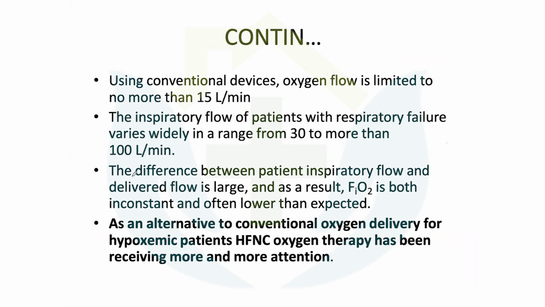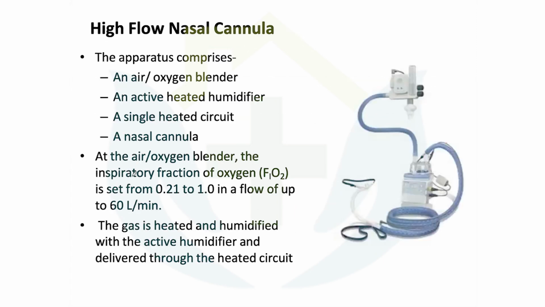HFNC oxygen therapy has received more and more attention. Here you can increase flow up to 60 liters, 30 to 100 liters per minute, and you can achieve FiO2 up to 95 to 100%. This is the HFNC. HFNC has an oxygen blender where you can give oxygen to maintain a certain FiO2.